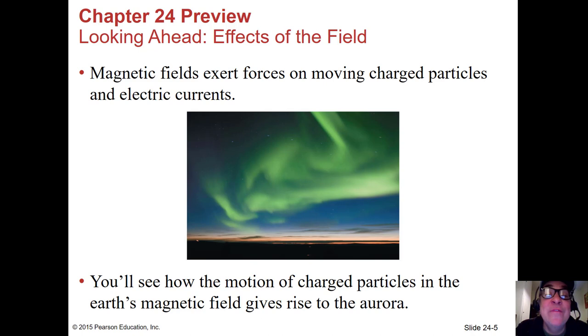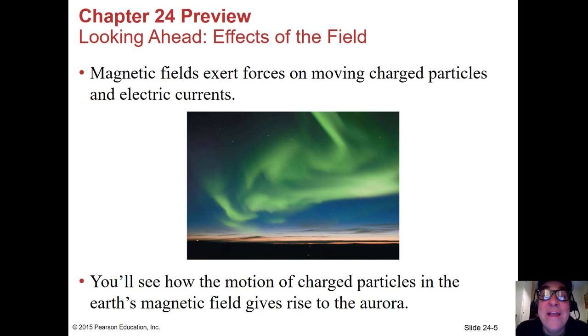Okay, so maybe some of you have actually seen this. This is the northern lights here. So charged particles come from the sun. They're heading towards the Earth. Luckily for us, the Earth has a magnetic field. The magnetic field exerts a force on these charges, causes them to spiral to the poles. So that sort of filters them out.